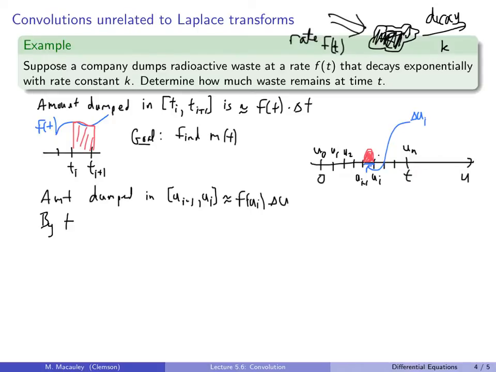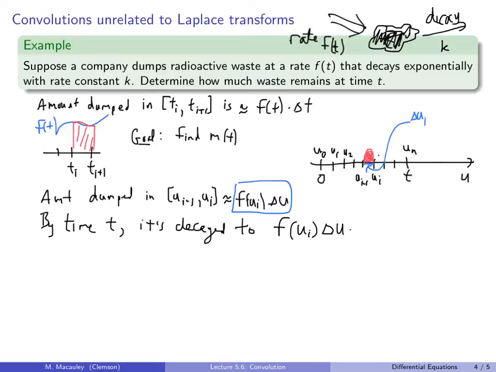By time t, it's decayed to f of u_i, the mass of that little blob that I drew, times e to the minus k times the amount of time it has to decay, which is t minus u_i. So this is the amount that it decays to after time t.